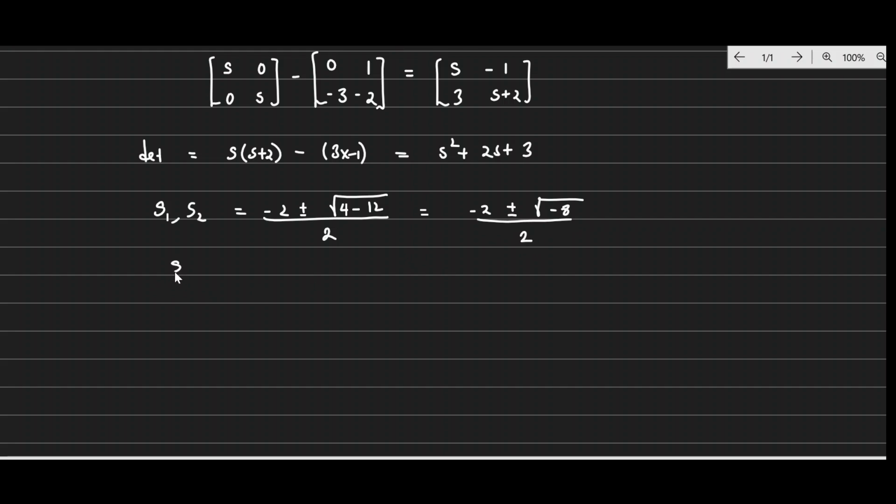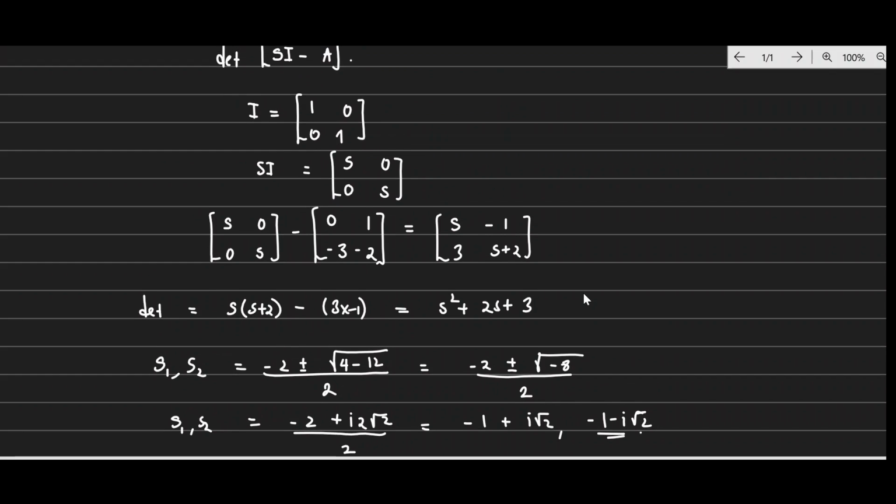What's the square root of 8? That's 2 root 2, so the square root of negative 8 is 2 root 2 i. Divided by 2, this becomes negative 1 plus i root 2, and negative 1 minus i root 2. Those are the eigenvalues.